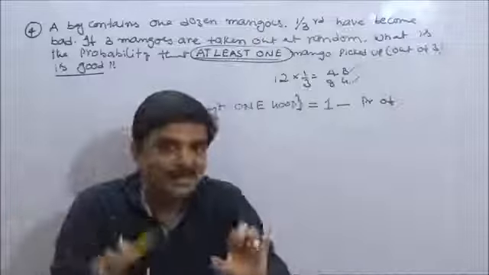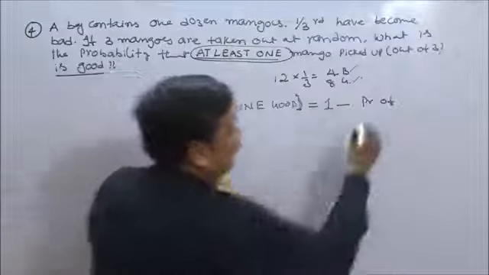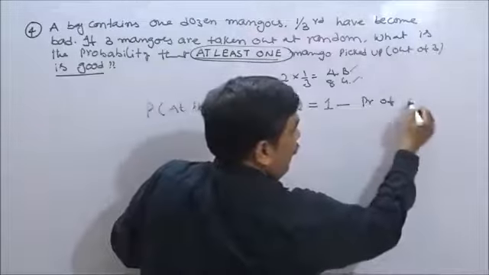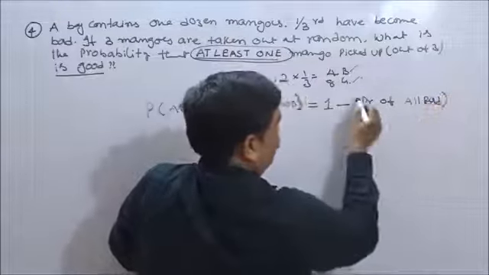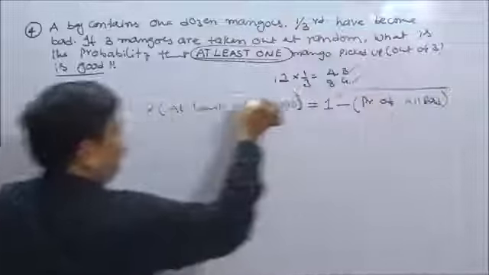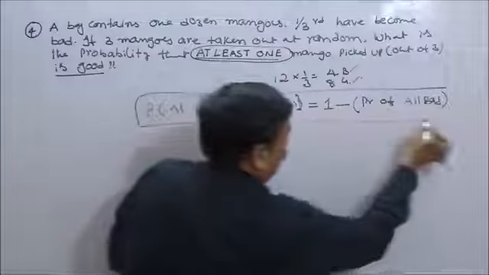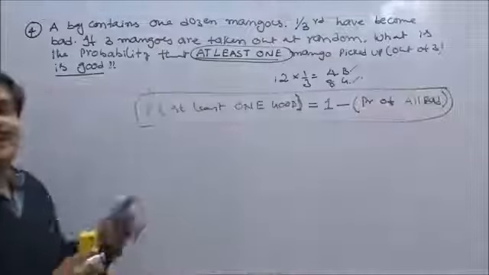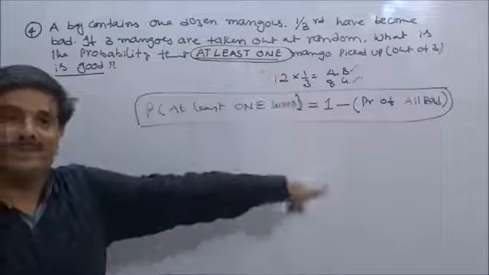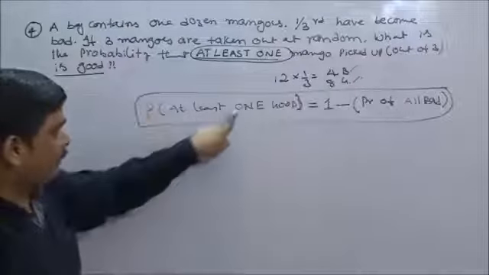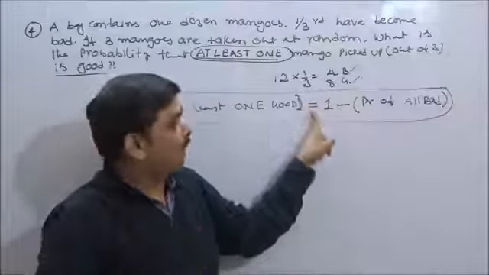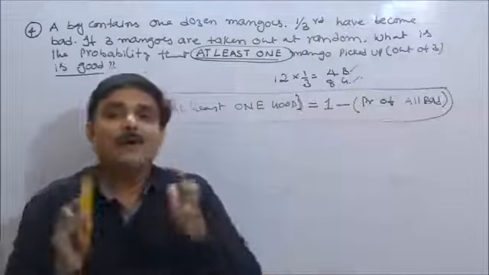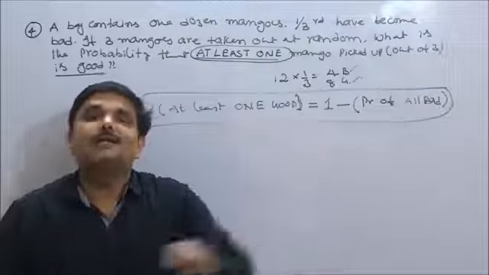It should be 1 minus the probability of all bad. This is a very, very important thing in probability, and for that matter in permutation and combination also. Probability of at least one good is equal to the total, that is 1, minus the probability of all bad. You can use this shortcut.